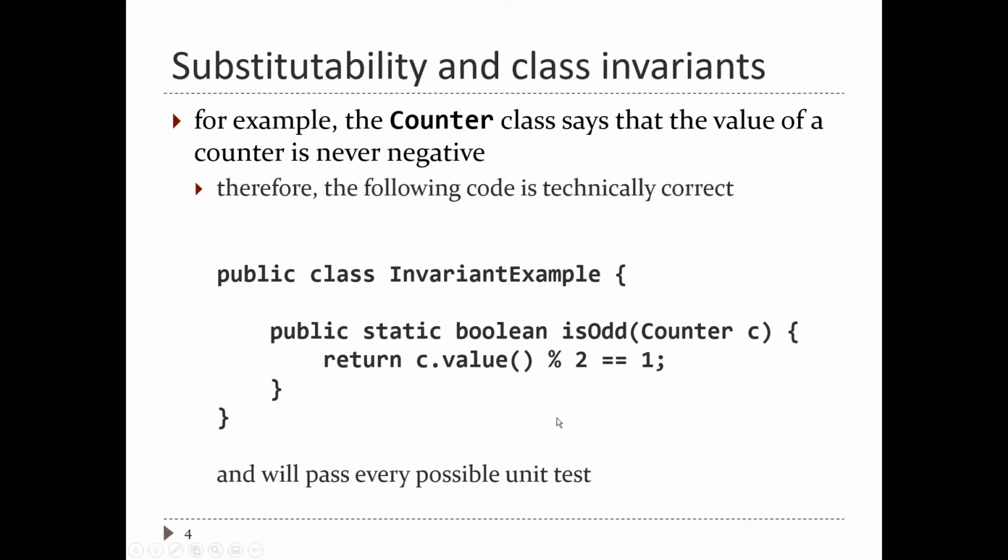So this method fails if the value of the counter is negative. You can make sure that this method never fails by writing it as c.value % 2 != 0. However, this code as it's written is correct for our counter class, because the counter class guarantees that the value of the counter is never negative.